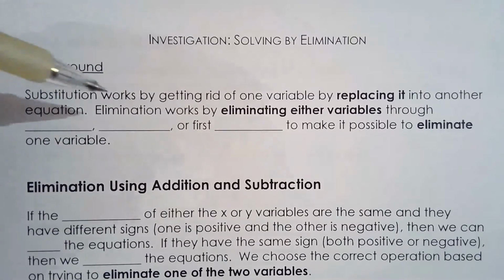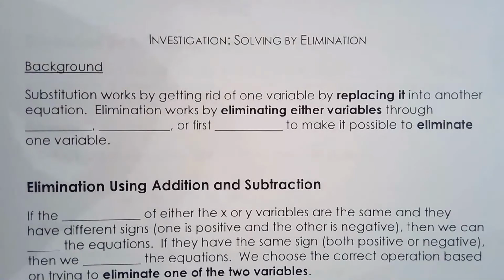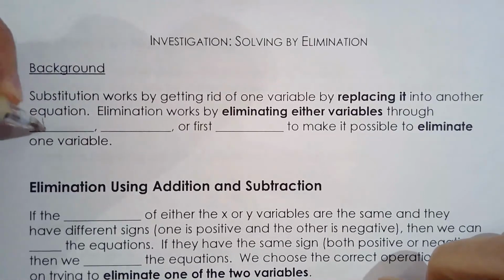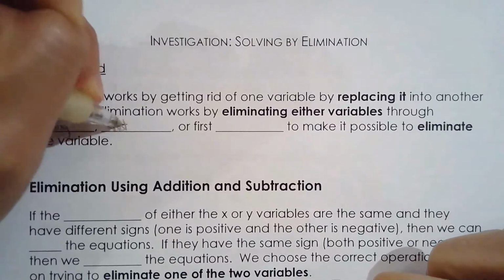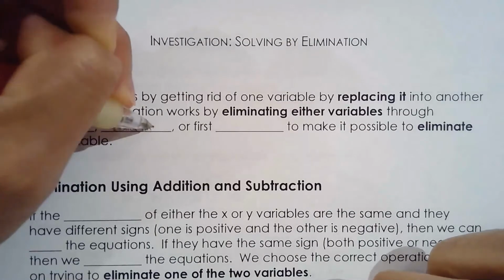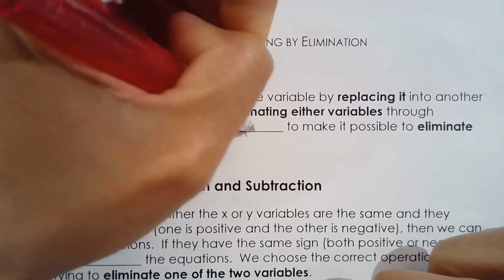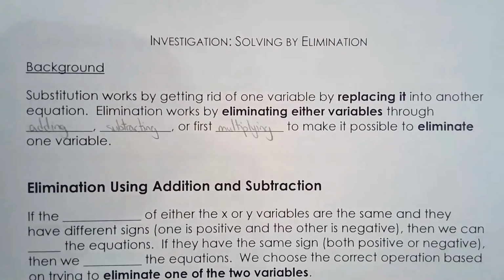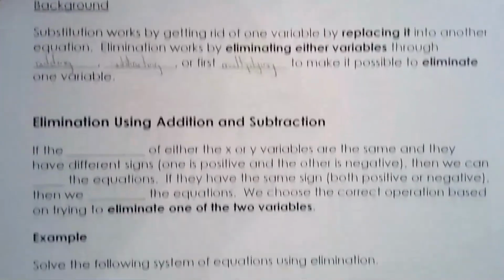Okay, elimination works by eliminating either variable, so either x or y, through adding, subtracting, or first multiplying to make it possible to eliminate one variable. Like I said, if it doesn't make any sense, it's okay. We're going to make sense of it once we do the examples.